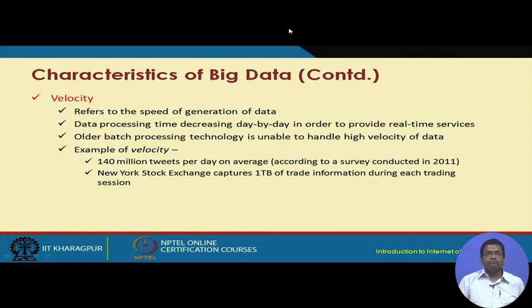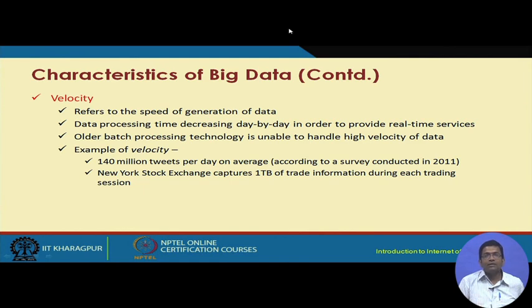Velocity, as the name suggests, concerns the speed of generation of the data. Data processing time is decreasing day by day in order to produce real time services. Older batch processing technology is unable to handle high velocity of data, so we need new technologies. IoT devices, mobile phones, sensors, and so on generate data at a high rate.